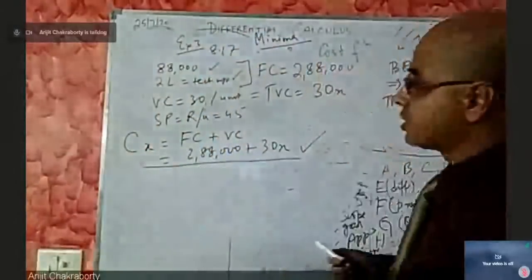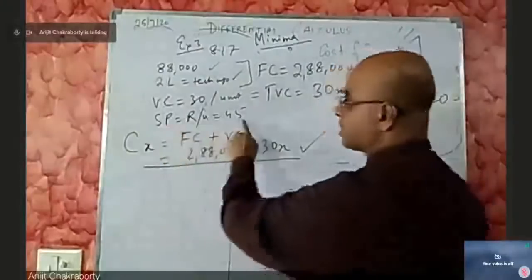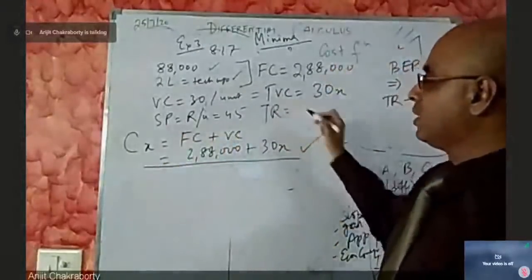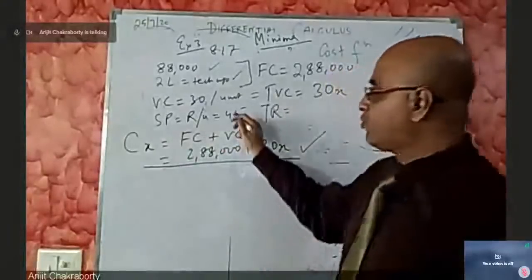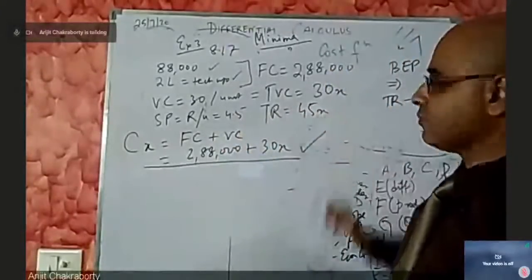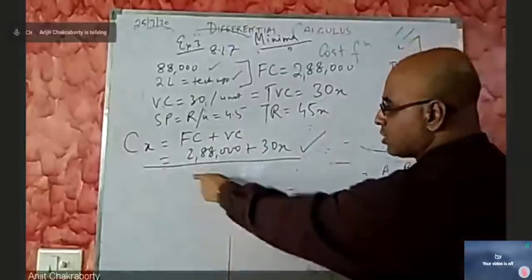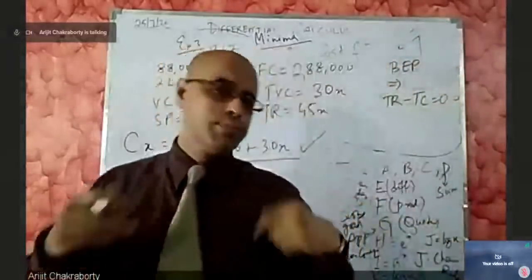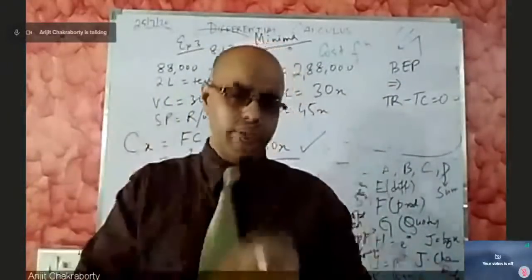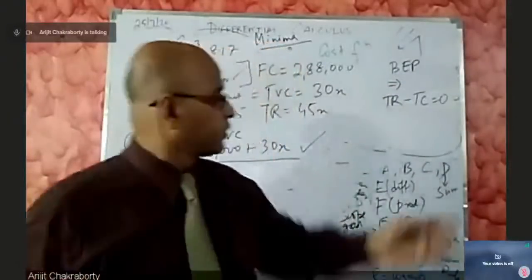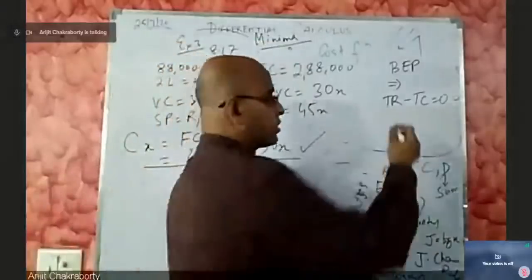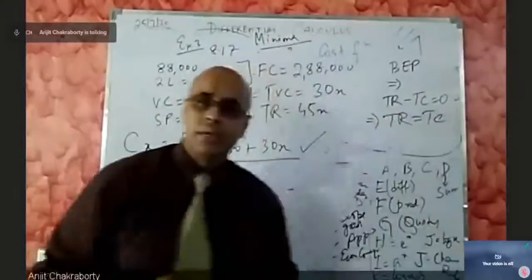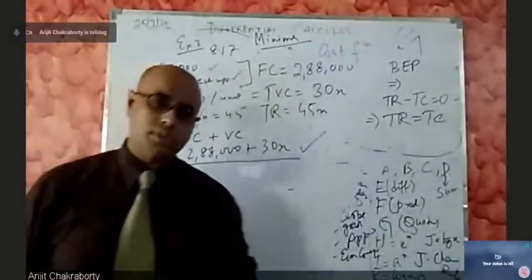Now here you see the selling price is 45 per unit. So my total revenue for X units will be 45X. And I know my total cost. At the break-even point, TR minus TC equal to 0, it means TR will be equal to TC.